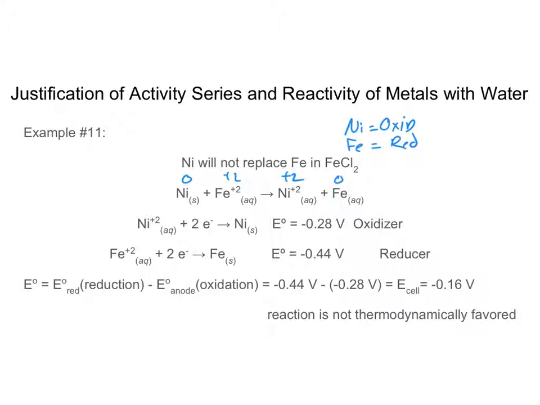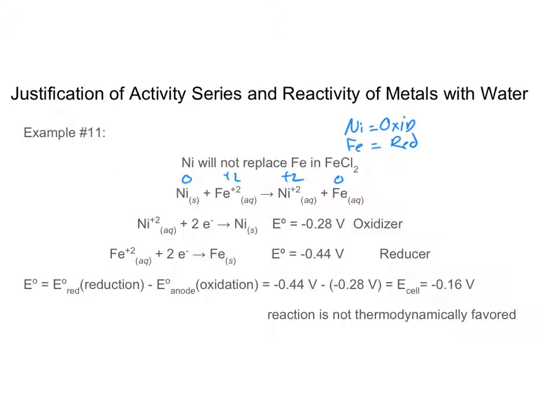When I grab those values out of the textbook, Appendix E, I get a negative 0.28 for my oxidizer and a negative 0.44 for my reducer. So I take reducer minus oxidizer, and I get a negative 0.16. So this will not happen. As this half reaction is written, nickel can't replace the iron. So nickel won't become an ion in this battery system.